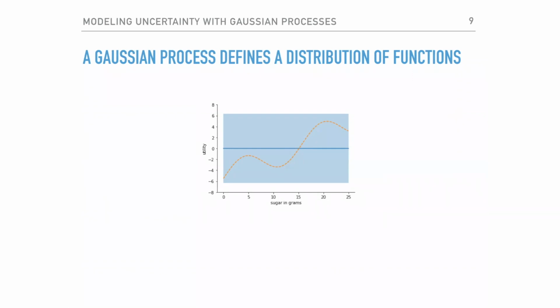So for example, if we care about what f of 7 is, what we should do is to take a vertical slice of the plot at 7, and we will obtain a normal distribution where the mean of the distribution is the intersection of the vertical slice with the mean function here, mu. And the standard deviation is simply half of the confidence interval.